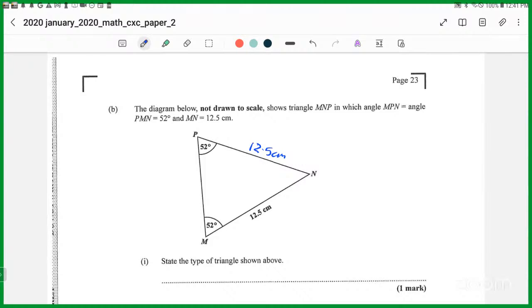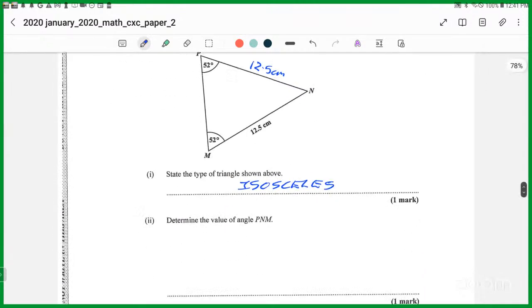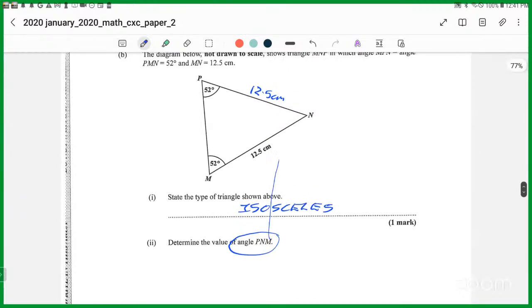All right. It asks for the type of triangle that it is. It's an isosceles triangle. This is something I want to do as a topic, types of triangle and so on. But it's an isosceles triangle. Then it says, calculate the value of the angle at N right here. That's 180 minus the sum of these two.